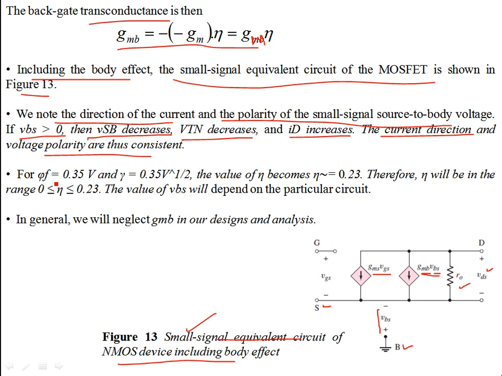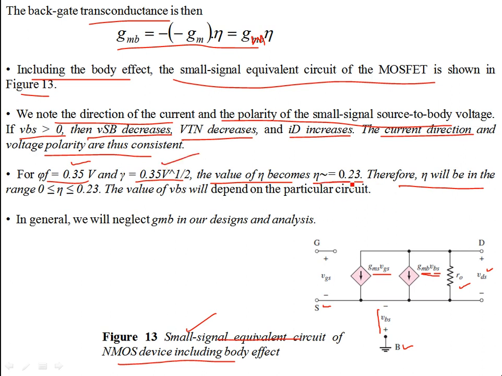Now, this phi f, which is a semiconductor doping function, is about 0.35 volts. Gamma is 0.35 volt under root, and the value of eta becomes 0.23. So you see the variation of eta when you have VSB equal to 0, and due to the semiconductor doping function, which is consistent, that's about 0.35 volts.